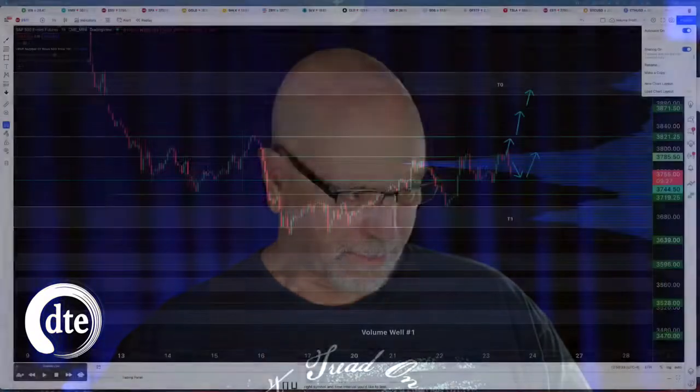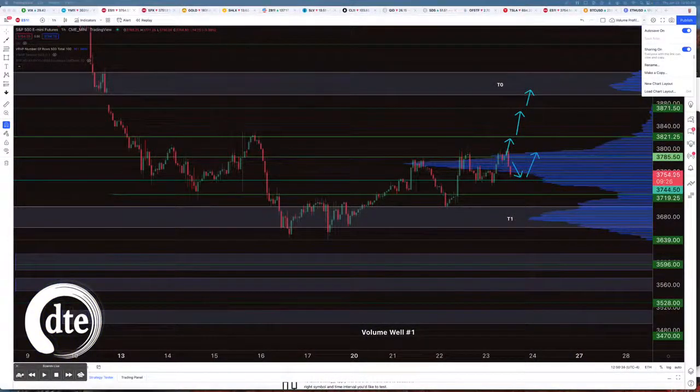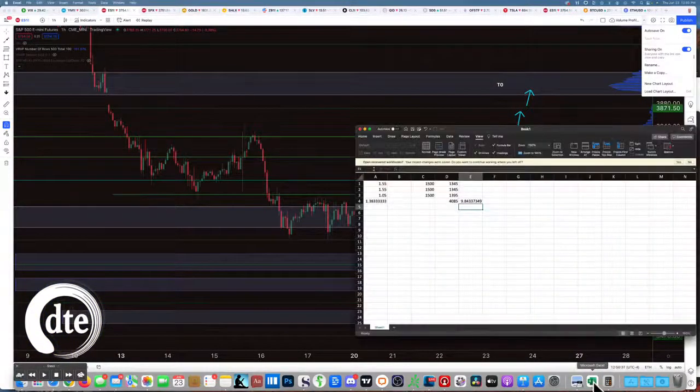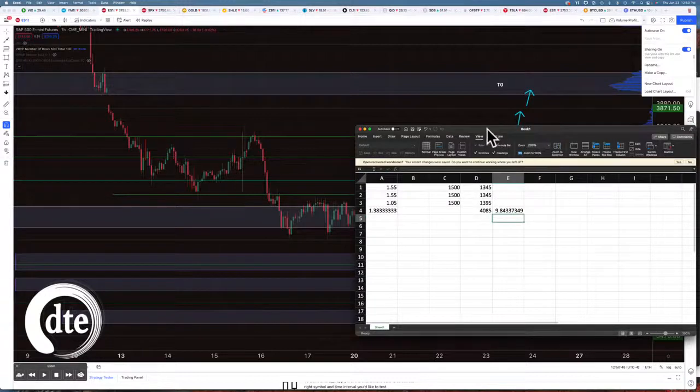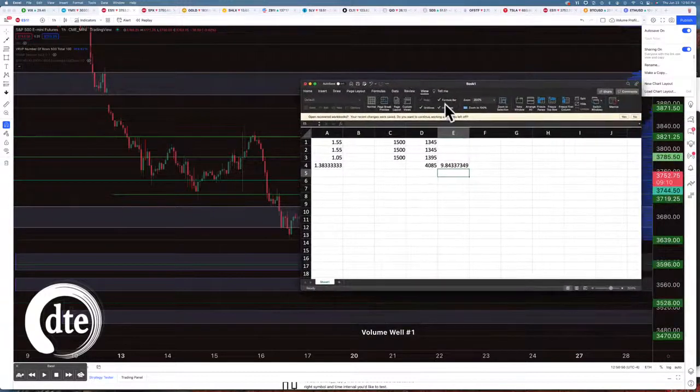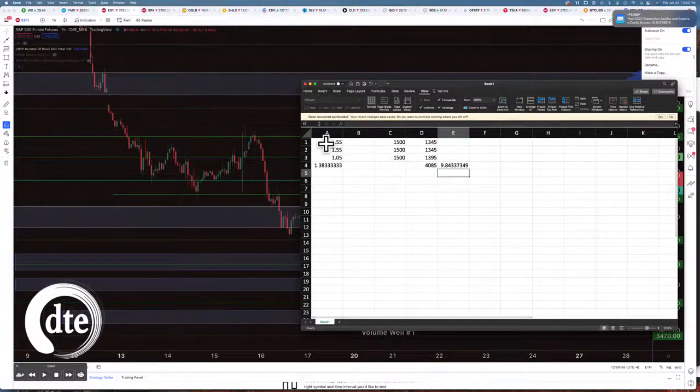So one of the things that I do is I keep a spreadsheet on hand when I'm doing my stuff. Let me see if I can bring that up here. It's basically like a scratch pad to me. You should be able to see this. I'll put all this in the middle of the sheet.